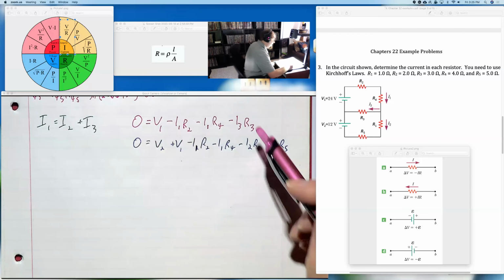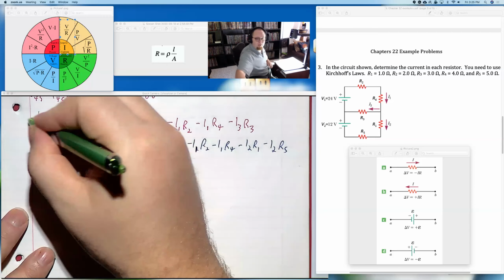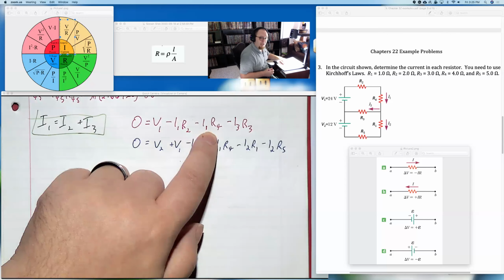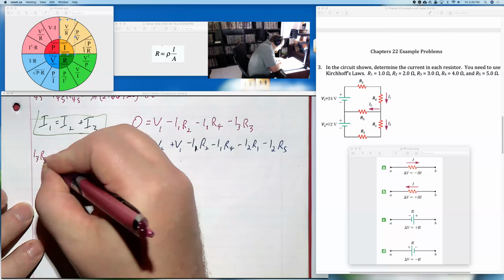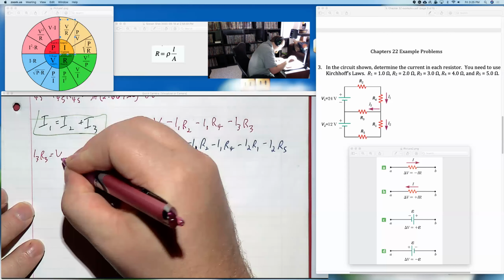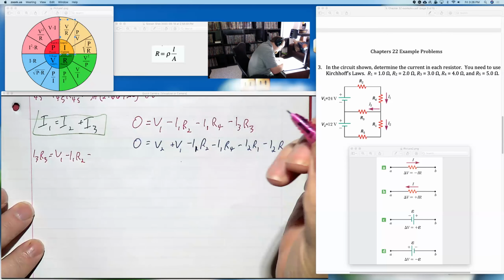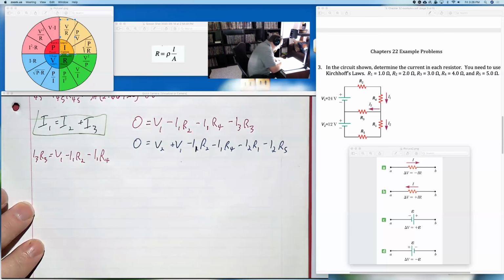So I'm going to solve this one for I3, and I'm trying to color code it. The black and the blue look really similar, so maybe I'll switch this to green when I go back. But I'm going to solve this for I3. I'm just going to add I3 R3 to both sides, and then divide both sides by R3.